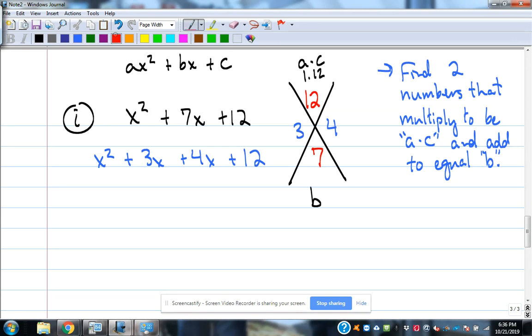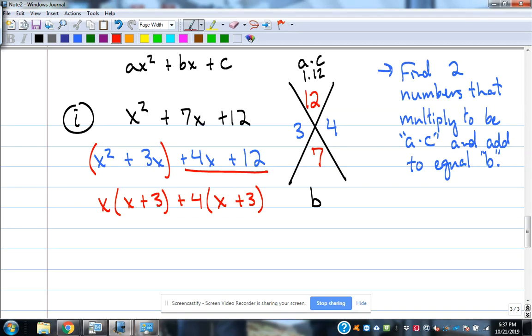I can group the first two together and the second two together. What's the GCF of x squared and 3x? X. That leaves us x plus 3. What's the GCF of 4x and 12? 4 goes into itself, and then it goes into 12 the 3 times that we need.